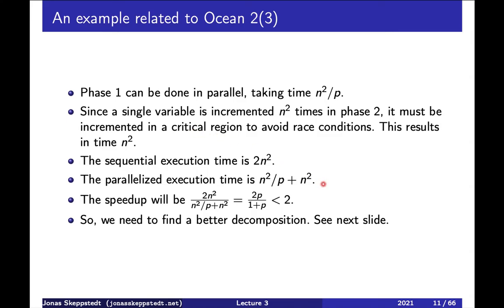So what will the speed up be at the most? It's not very good. We can compute the time for the slow divided by the time for the fast, and it will be less than 2. So we need to do something else.